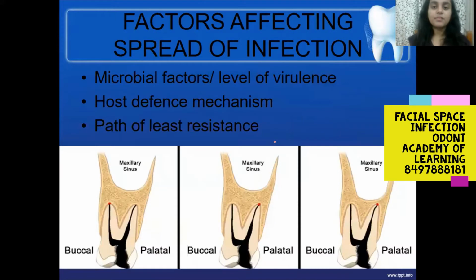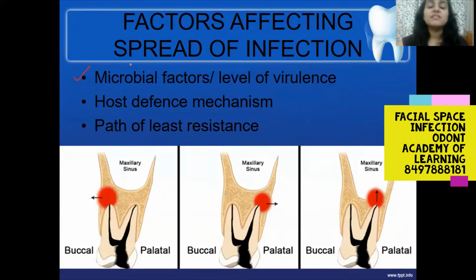Now, what are the factors that affect the spread of infection? The spread is multifactorial. First and foremost is the microbial factor. We have different microorganisms, some aerobic and some anaerobic. Odontogenic infection usually starts with aerobic infections.